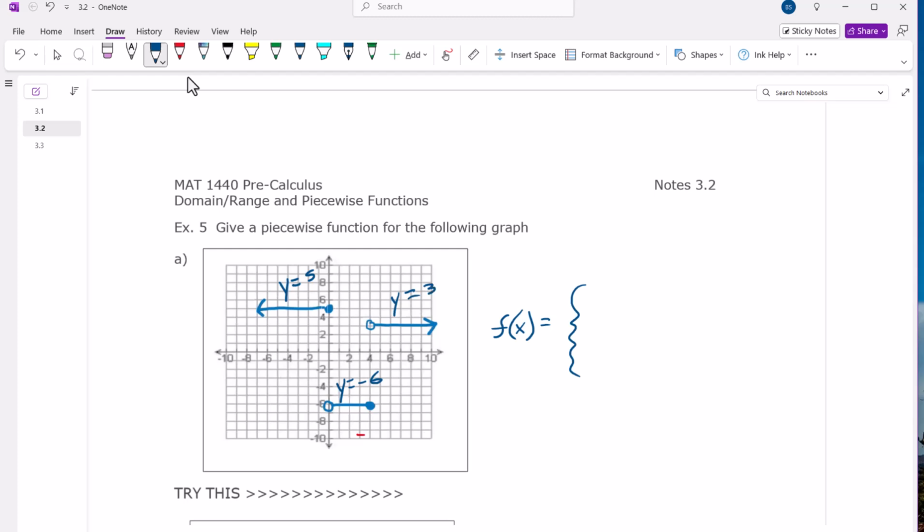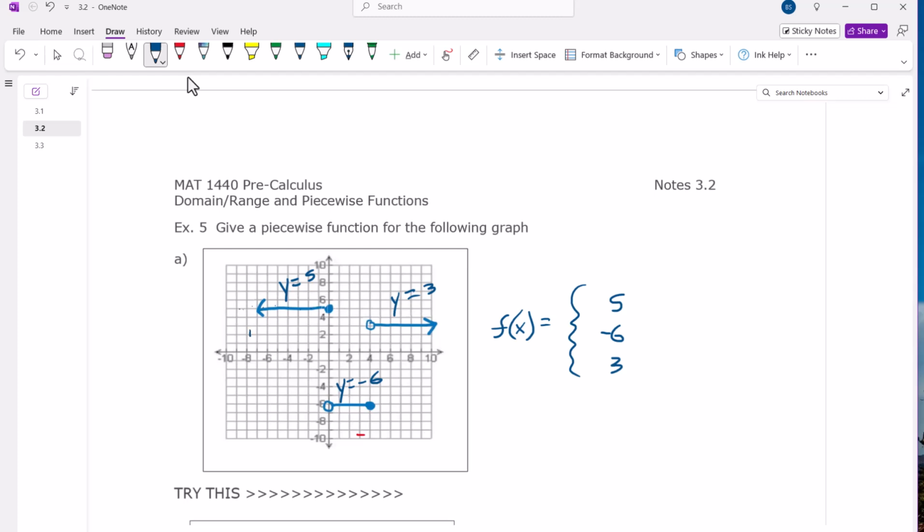And this graph is y equals 3. Okay, and that just means that y is always 5. That's what makes it a horizontal line. Every point on that line has a y value of 5. So we just say 5, -6, and 3. And do it from left to right.